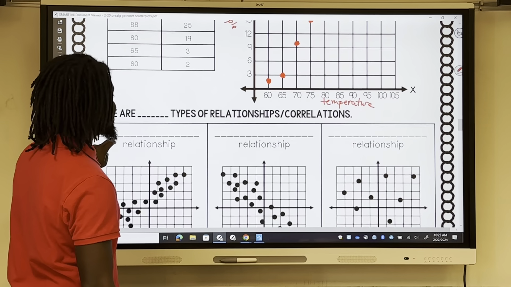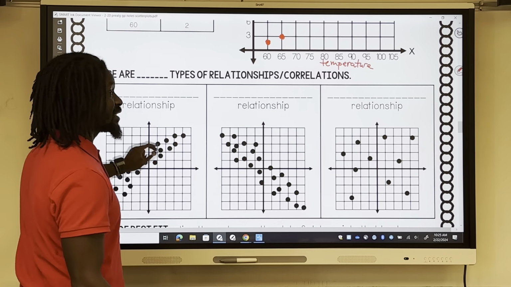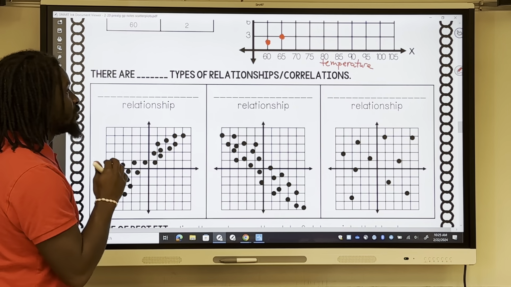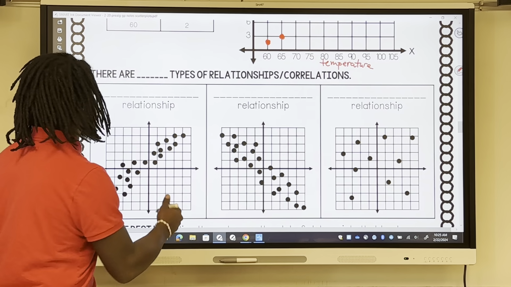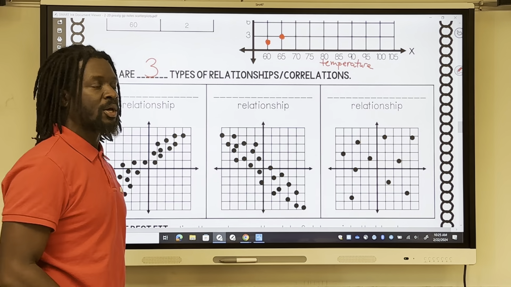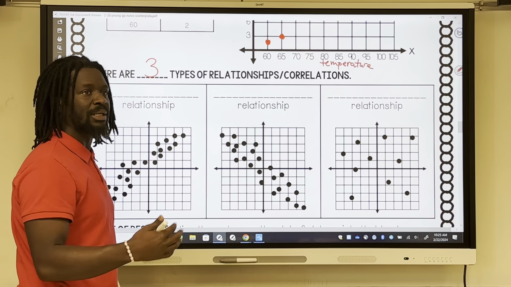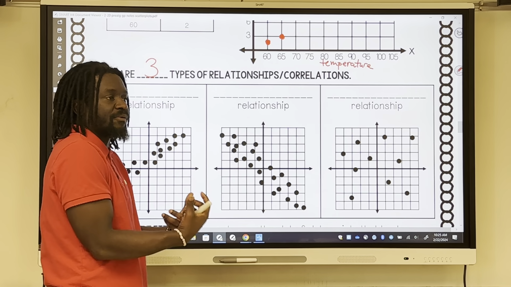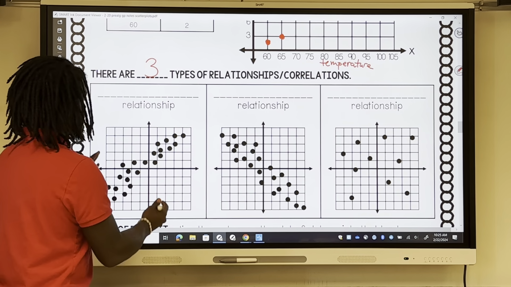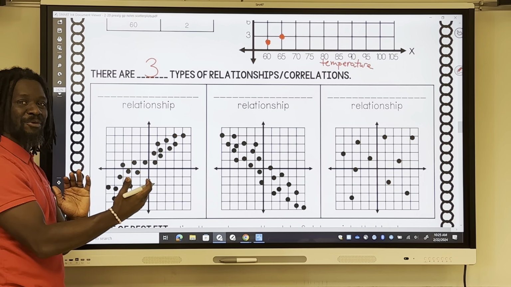All right. Next thing we're going to talk about is, just like when we were doing functions, there are some relationships. Okay, and so we're going to talk about that. There are three types of relationships, or correlations. Correlations just means there's some type of connection or relationship between them. Okay, again, we're going to think about these just like when we did functions.